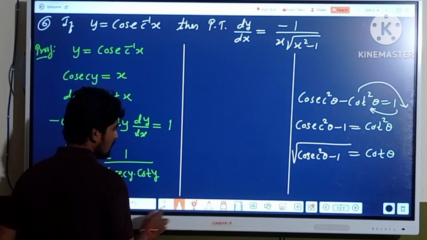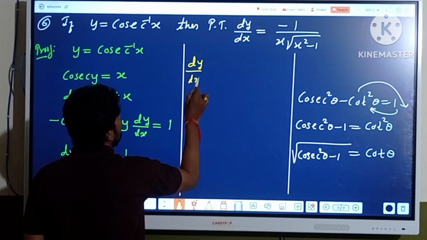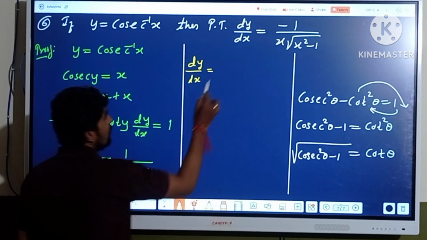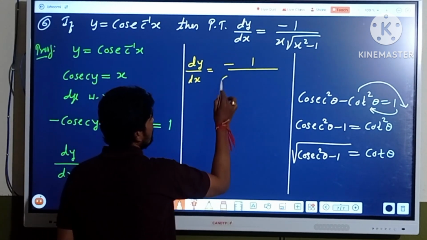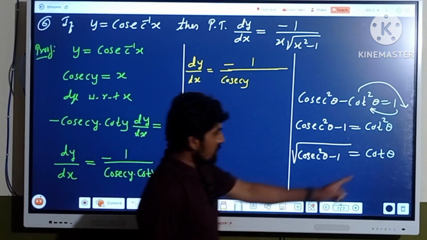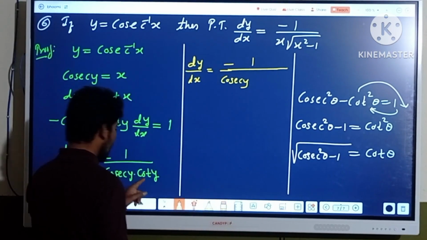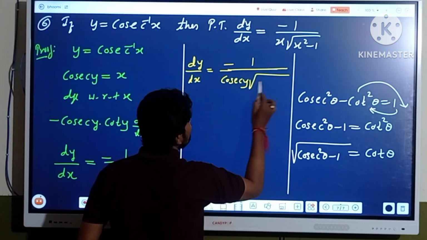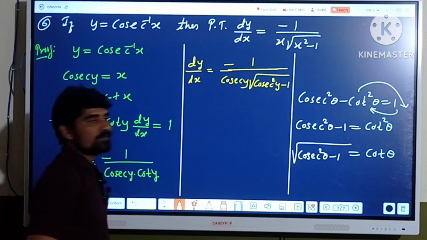So by using this, dy by dx is equal to minus 1 divided by cosecant y as it is, into, so if cot theta is root cosecant square theta minus 1, cot y should be equal to root cosecant square y minus 1.